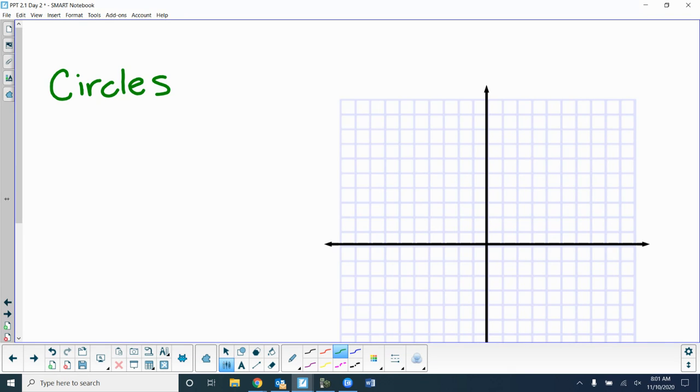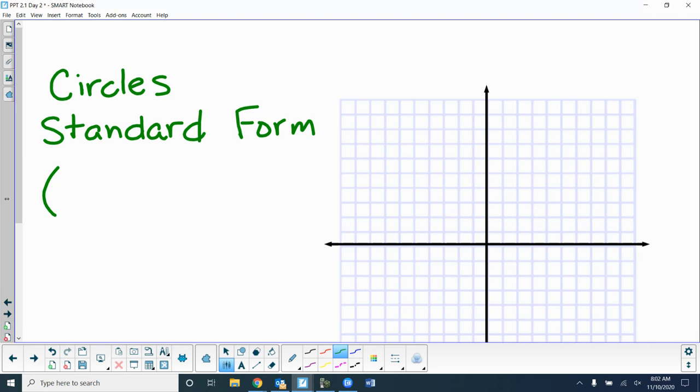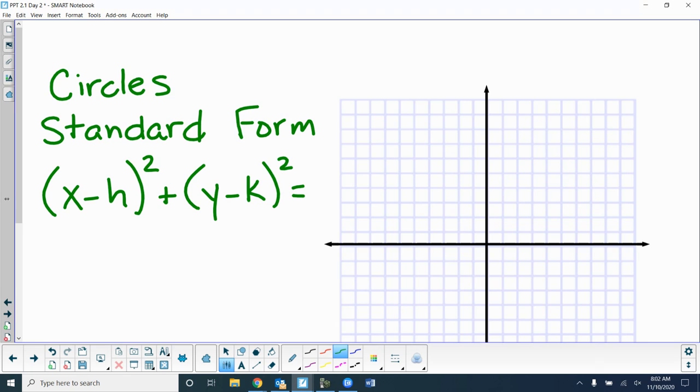In circles, they're both squared, the x and the y. So the standard form of an equation for a circle is this. X minus h squared plus y minus k squared equals r squared.